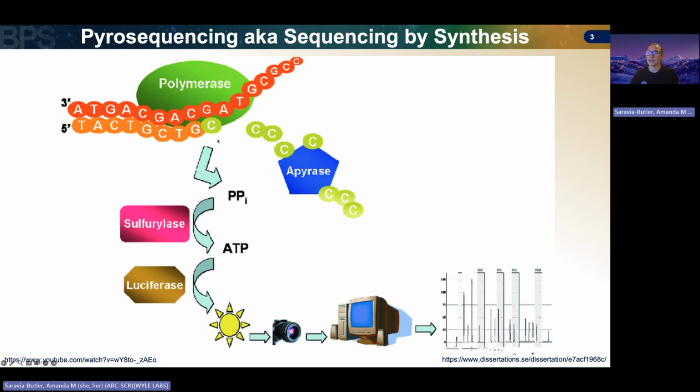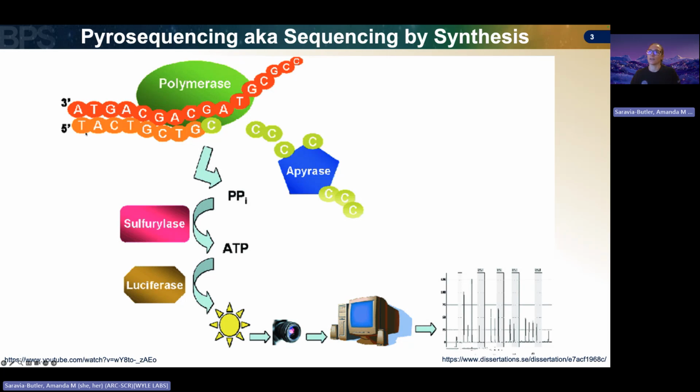And this process of sequencing by synthesis, or pyrosequencing, is going to be initiated by the addition of one deoxynucleotide triphosphate, so one A, T, C, or G, at a time. In this case, we see that cytosine has been introduced here, and there are some other enzymes involved in this reaction, including polymerase.